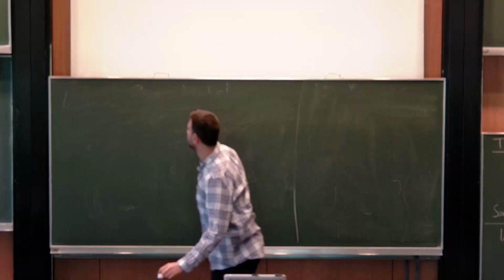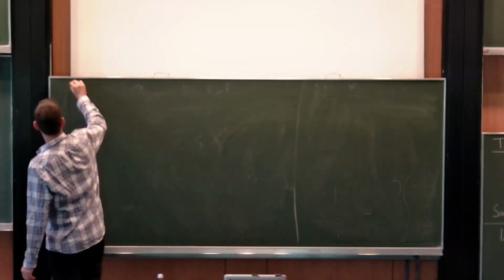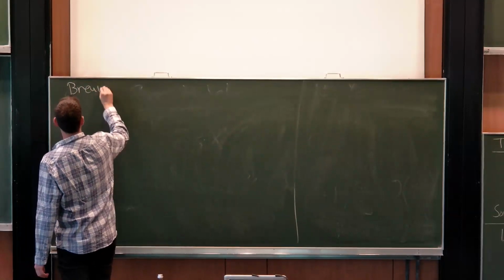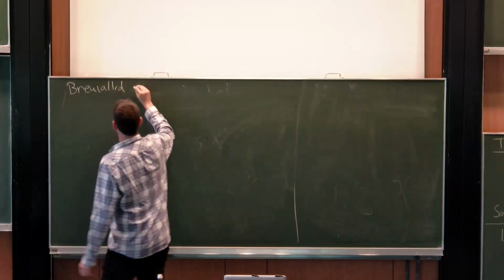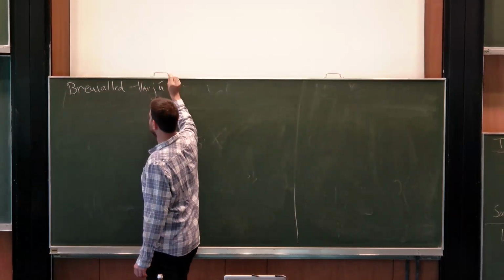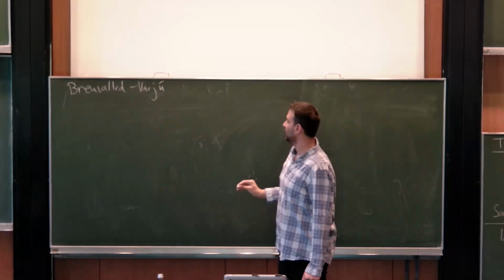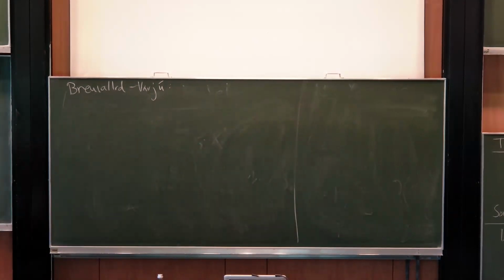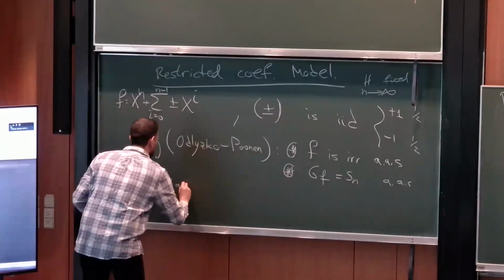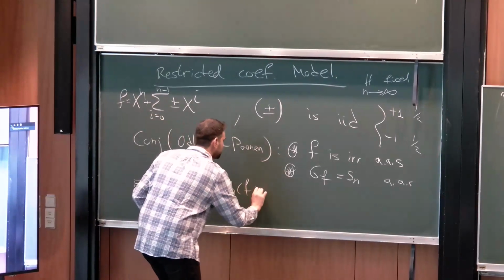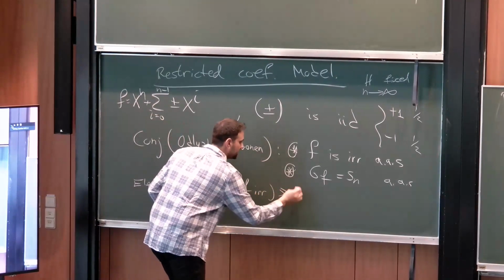Firstly, elementary, you can show that the probability that f is irreducible is at least 1 over n.